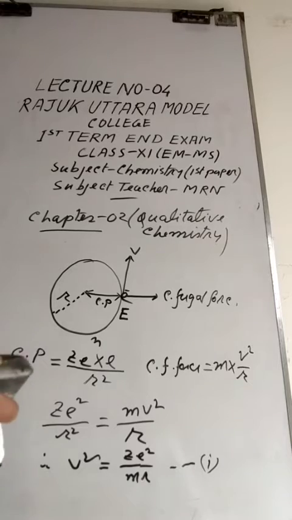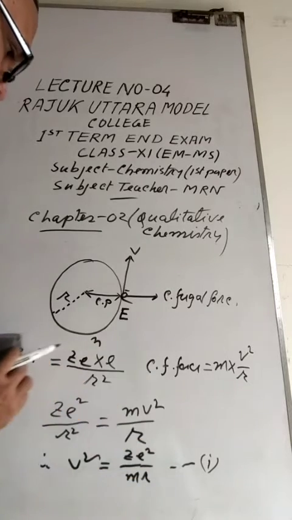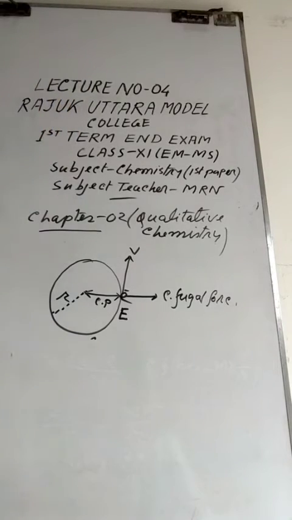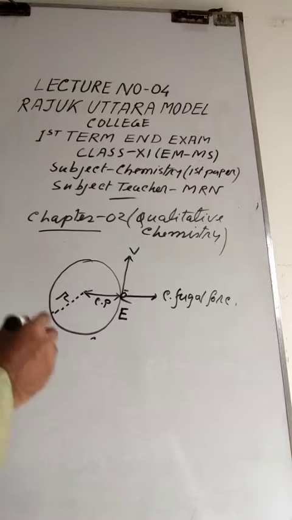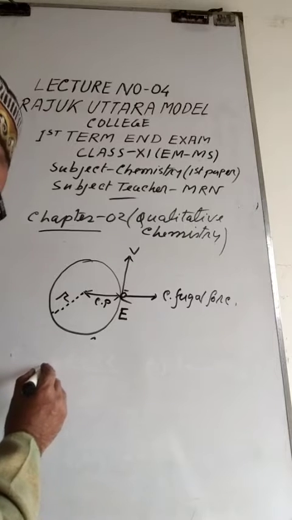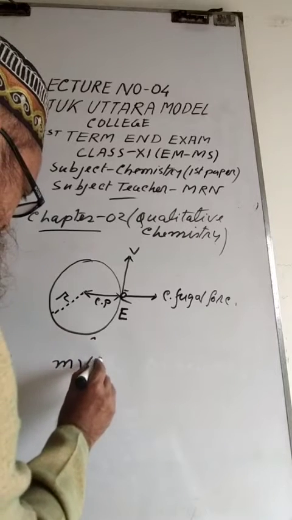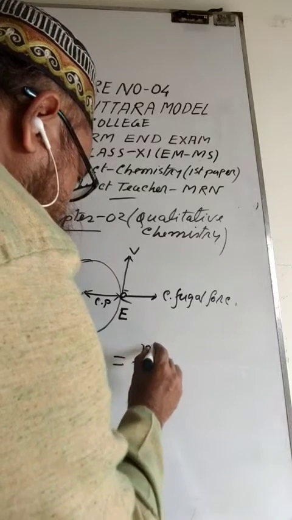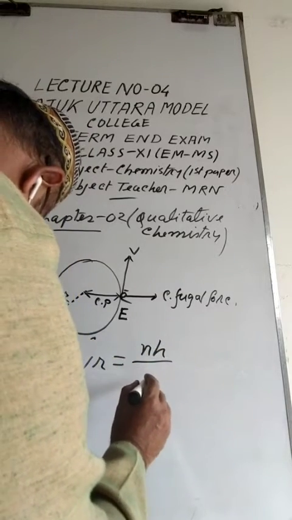Next one, according to Bohr's law, we know the angular momentum of electron, mvr, equals nh by twice pi, we learned it before.